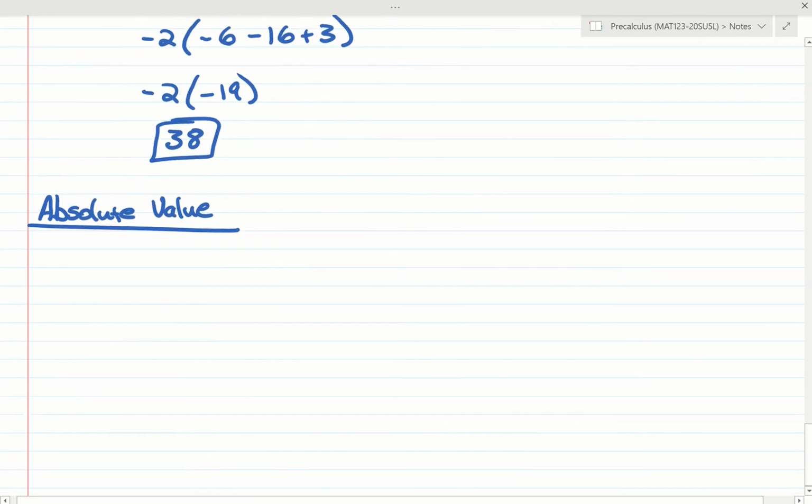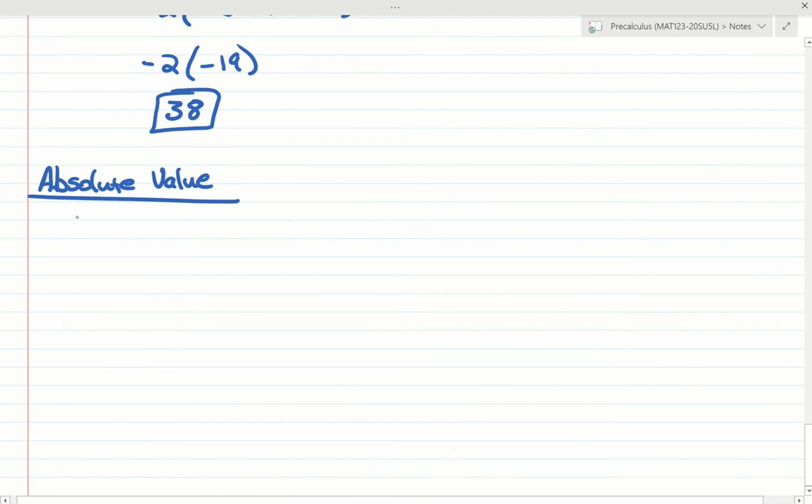Now, absolute value has a few different definitions. The most important definition of absolute value is the distance from 0 on a number line.